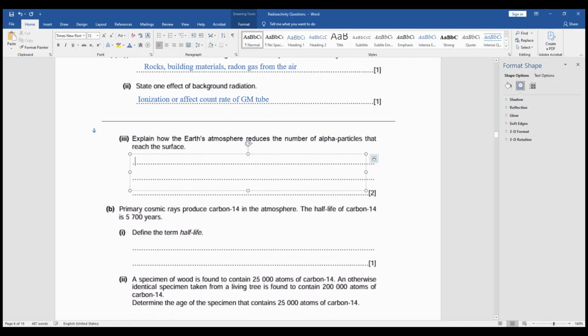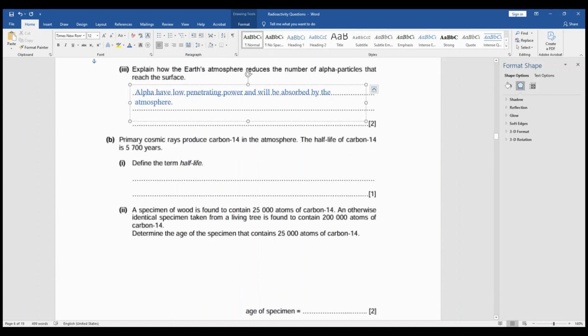Alpha particles have low penetrating power, and most of it will be absorbed by the atmosphere. Okay, I think that's mostly what it wants.